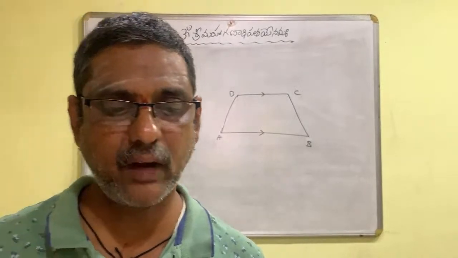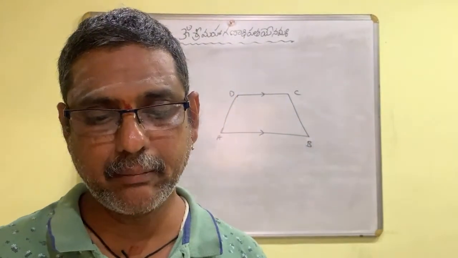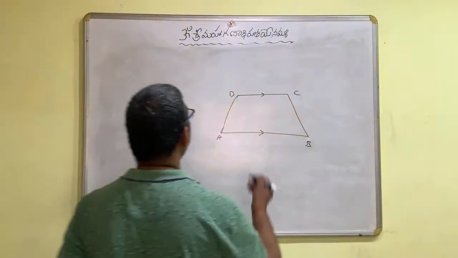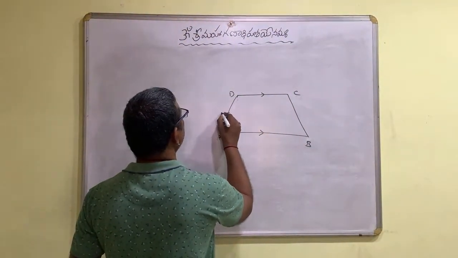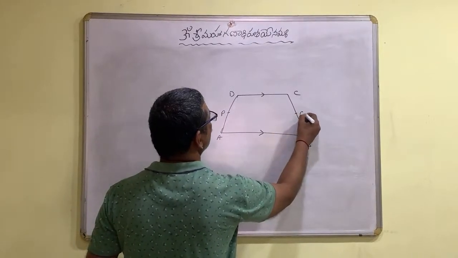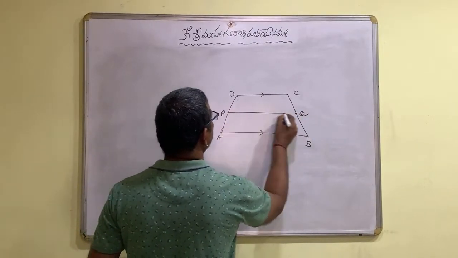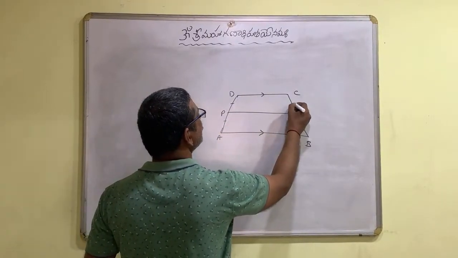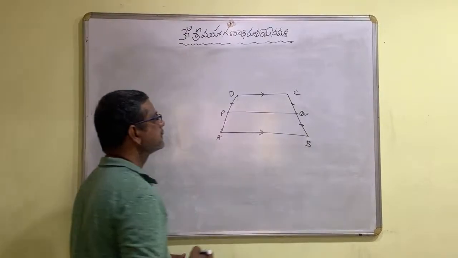So what is it saying? The line segment joining the midpoints of the oblique sides. Consider P and Q. P is the midpoint of AD, Q is the midpoint of BC.